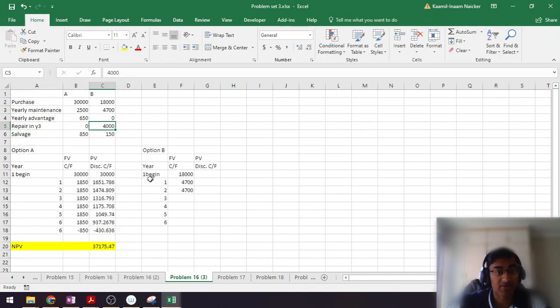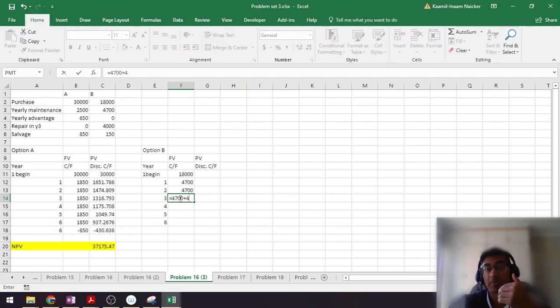That's another 4,000 rand. So again, that's another expense. So this is equal to 4,700 plus my other expense, my repair cost of 4,000 rand. Okay. In year 4, I pay 4,700 again, 4,700 again. And then in year 6, I pay 4,700 for my yearly maintenance.